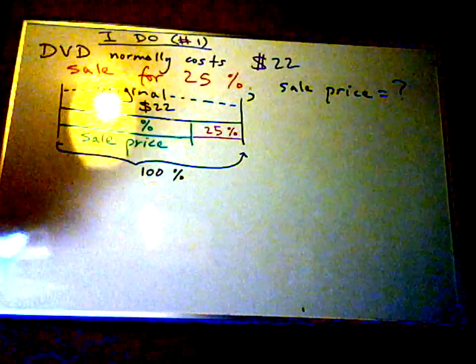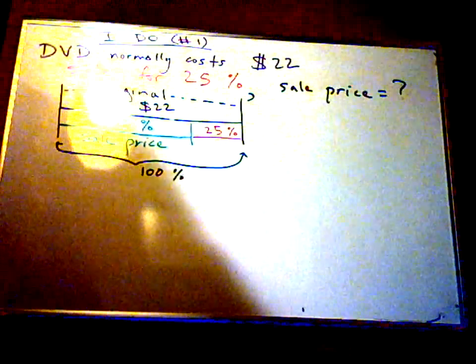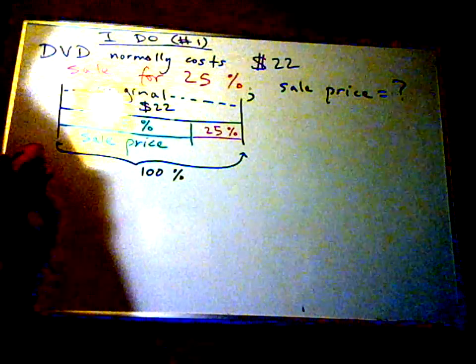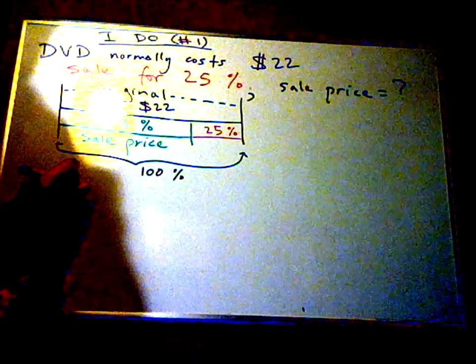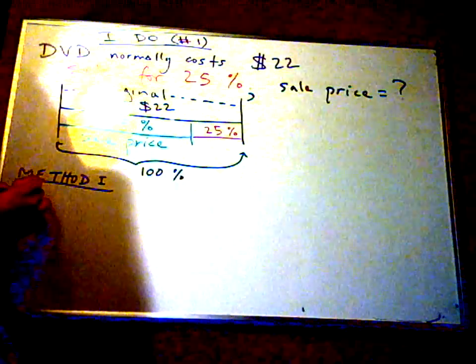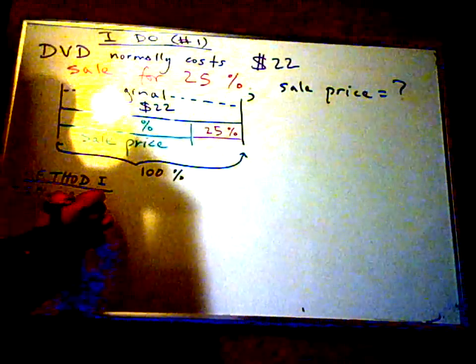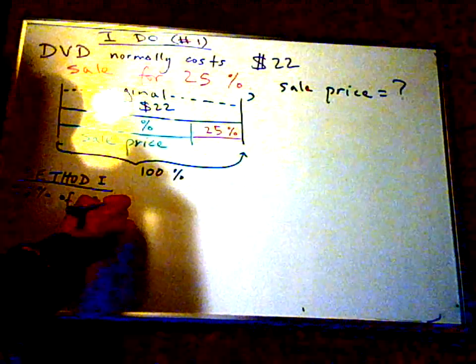So there are two methods of solving this problem as we saw in the do now. So let's look at method one. You can find out what 25% off $22 is.